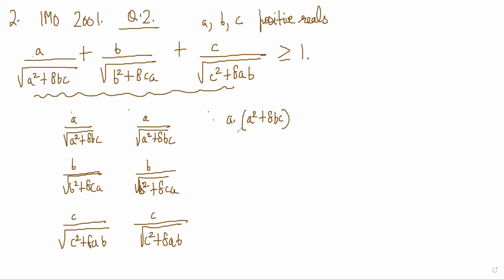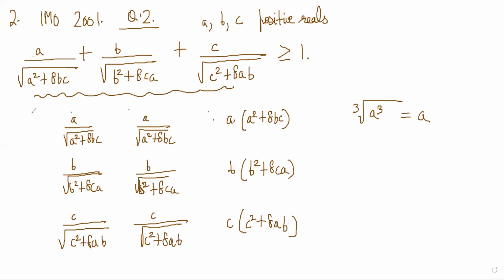Why is this a nice selection of the third term? Because there will be a denominator A square plus 8BC there, which will cancel here. And the top parts will become A cube. So when I do the cube root here, because there are 3 terms, I will just get the cube root of A cube, which is A. So which is nice. So let's see this. This is B into B square plus 8CA. And this is C into C square plus 8AB.